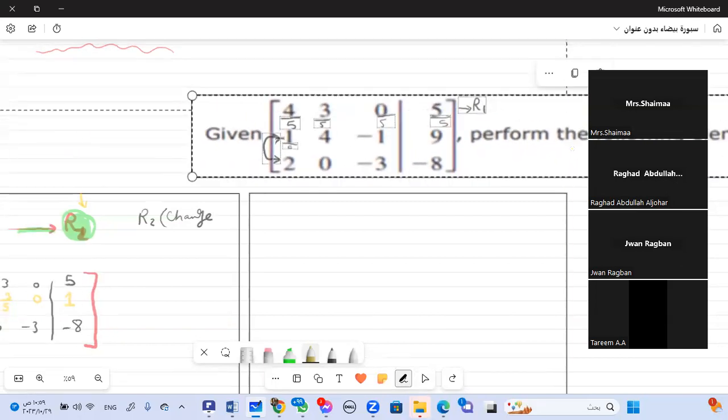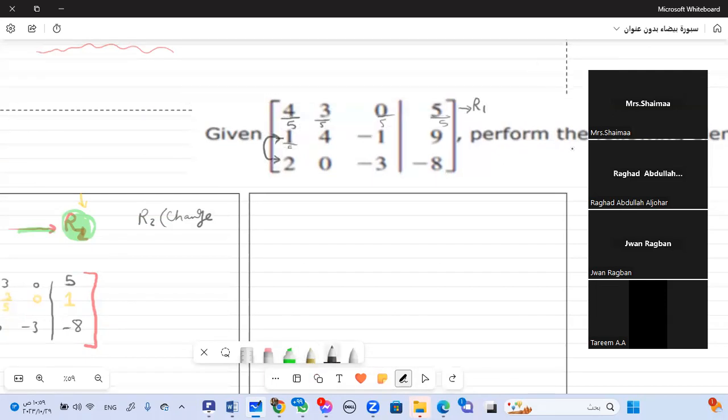If I ask you -2 R1 plus R3, and write the answer inside R2. What is the row we should change?